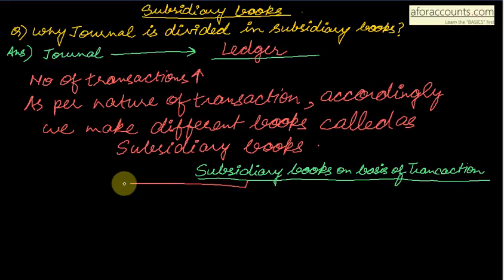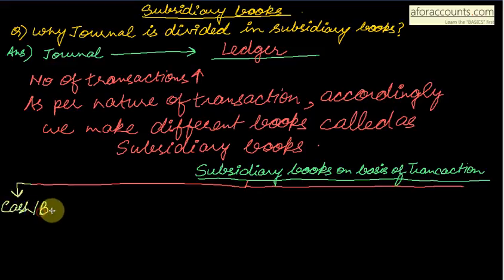First basis, cash and bank transactions, because nothing runs without cash and bank. So where will you record a cash or bank transaction? In your cash book or petty cash book, right?